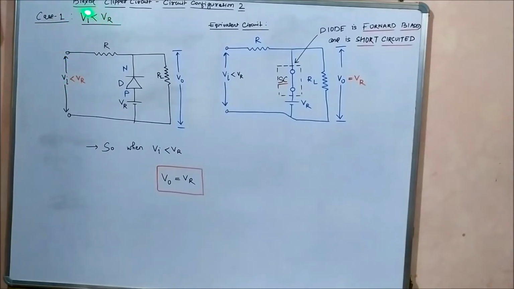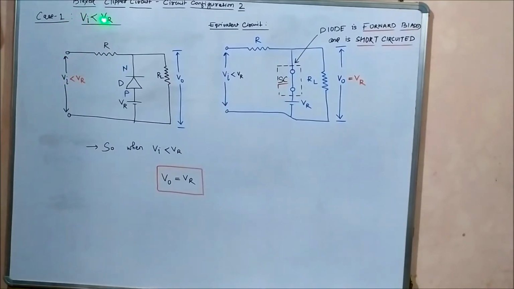It has been given that the input voltage is lesser than the reference voltage. So, we can say that the p-type end is connected to a higher potential and the n-type end is connected to a lower potential.